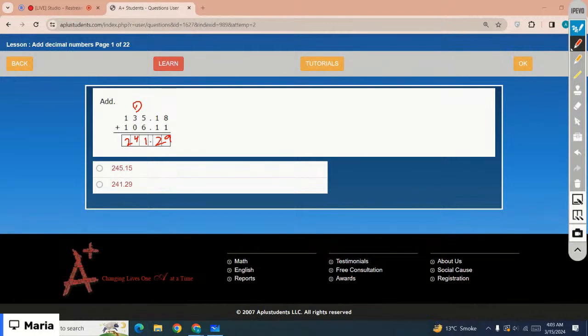Yes, that's the second one. 241.29 is the correct option, right?